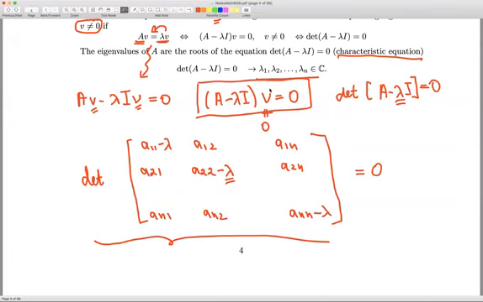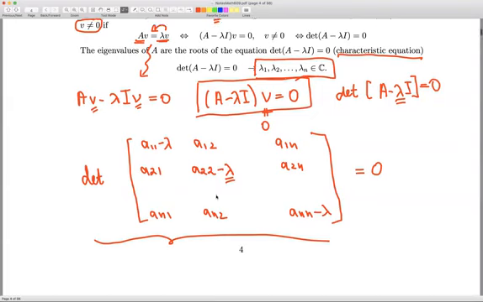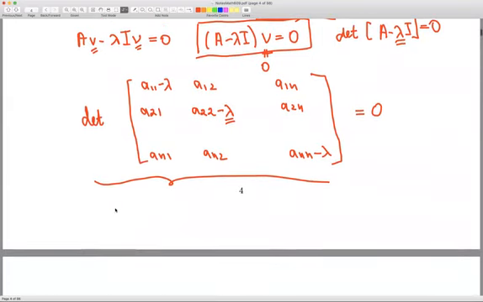And according to the fundamental theorem of algebra, every polynomial of degree n has exactly n roots, which are in general complex numbers. For example, we can illustrate that if we have the polynomial (lambda minus 1) squared equal to 0, which is a quadratic function, it has two roots, 1 and 1, so it has the root 1 with multiplicity 2.